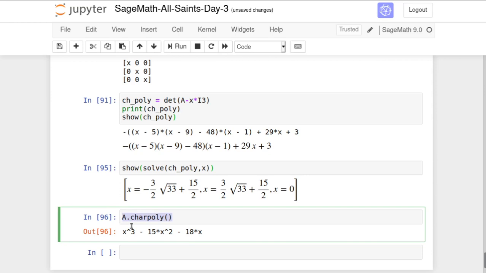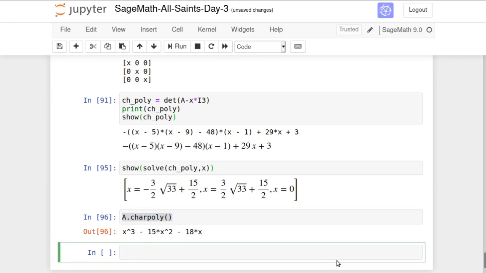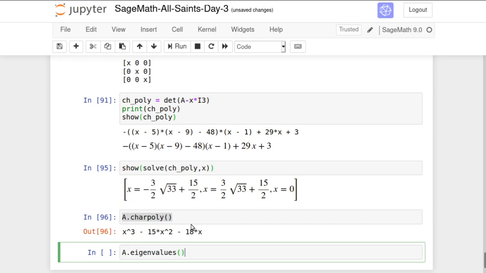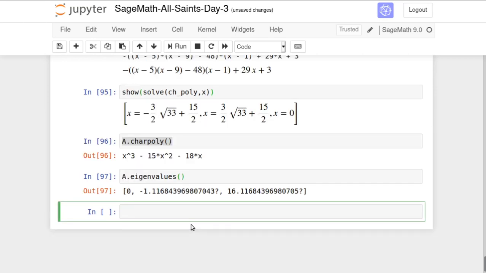Now, either you can solve it, or instead of even solving this polynomial, we can directly find the eigenvalues. A dot eigenvalues. But here we are getting something approximate because the eigenvalues function returns the result as numerical approximations.